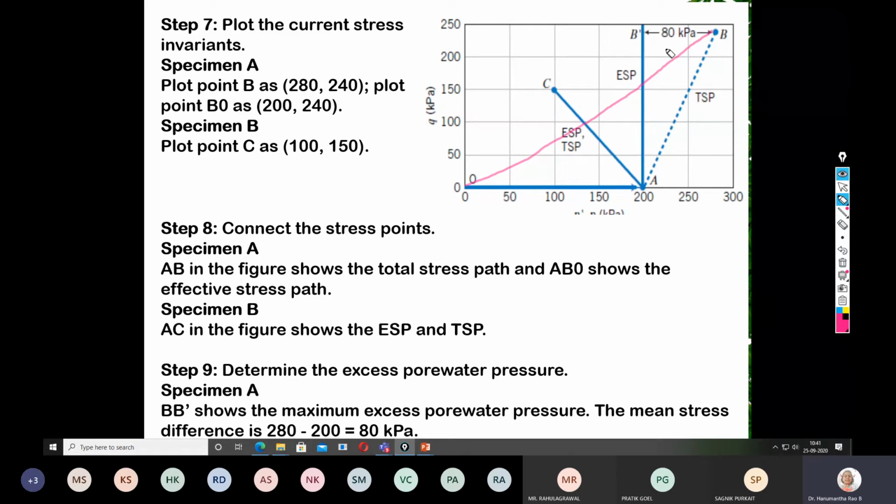So try to develop a relationship between water content on the x-axis versus degree of saturation on the y-axis. It doesn't mean that only a water content of 100% equals a degree of saturation of 100%. Even a water content of 20% can signify a degree of saturation of 100%.